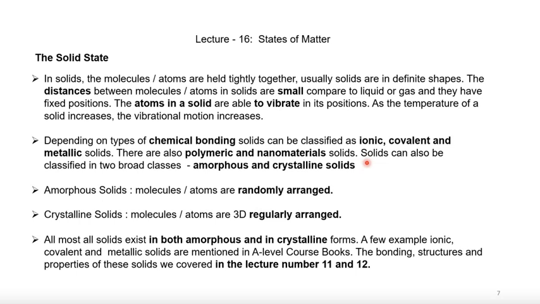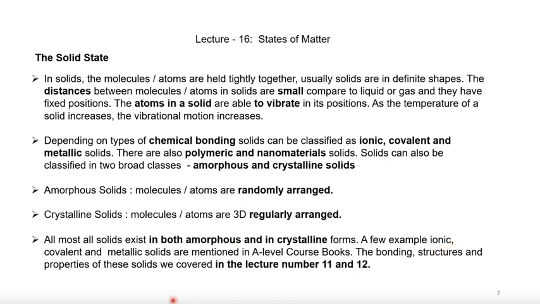Amorphous means that three-dimensionally the molecules in the solid are not arranged regularly. They are randomly arranged. In a crystalline solid, the three-dimensional arrangement is very regular. Almost all solid materials can exist in both amorphous and crystalline states.